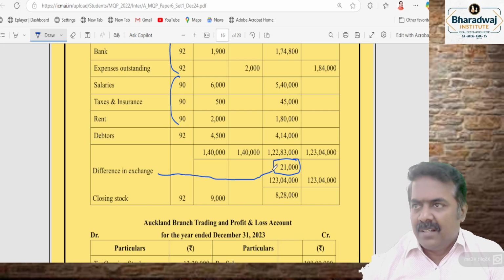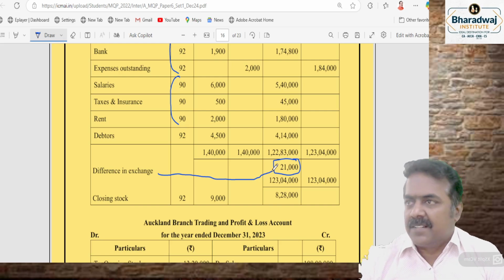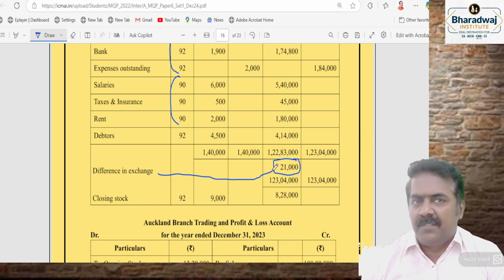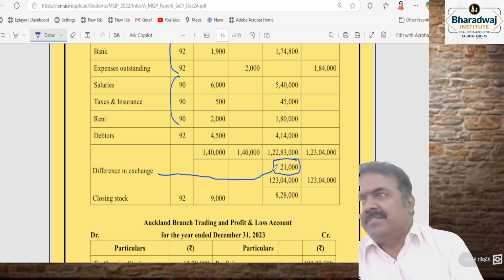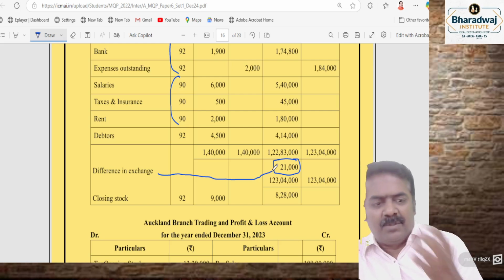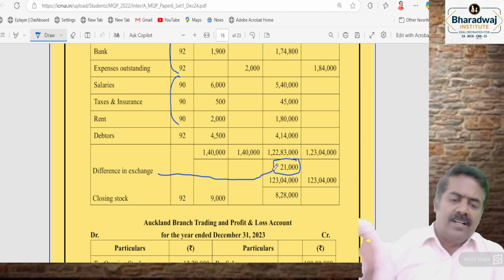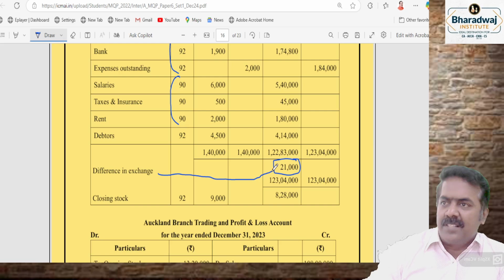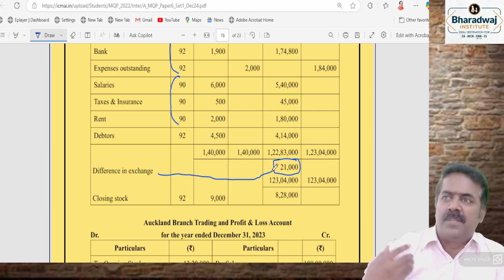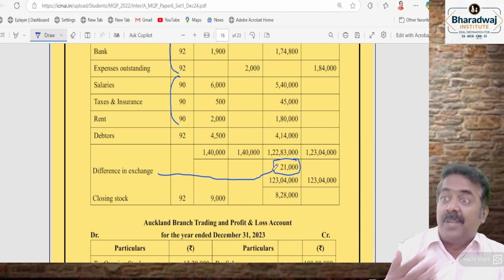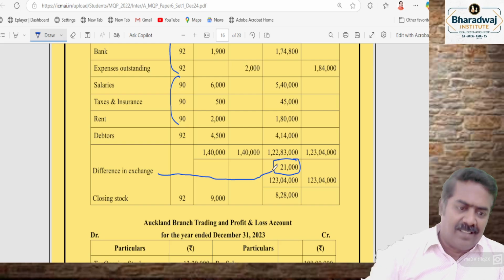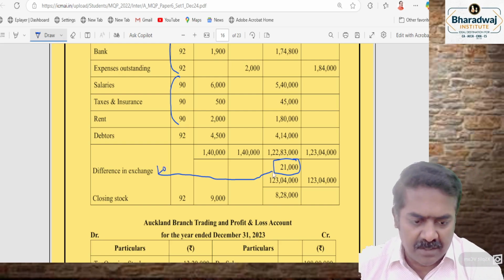Trial balance. Losses will have which balance? Debit balance. Losses will have debit balance. So 21,000 is a loss. Credit represents payable, debit represents receivable. Your payables are more than receivables now. Loss or gain? Payables are more than receivables, it's a loss.